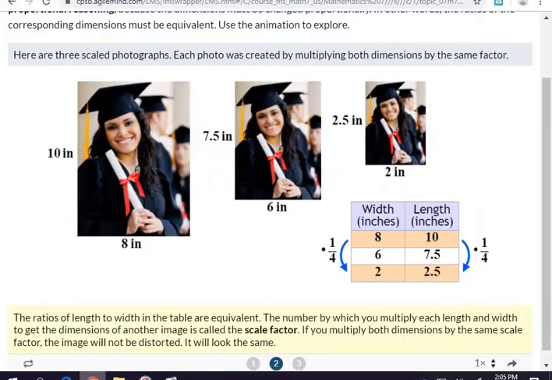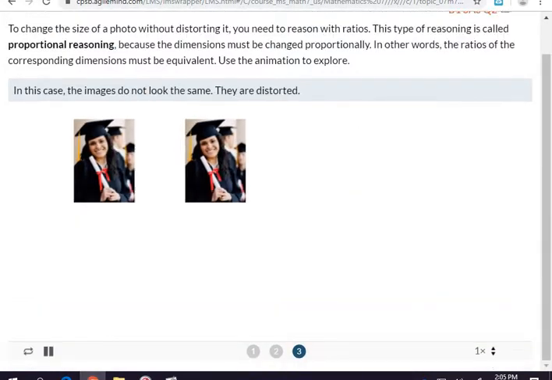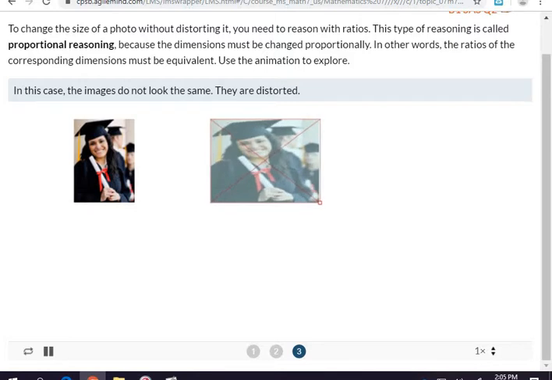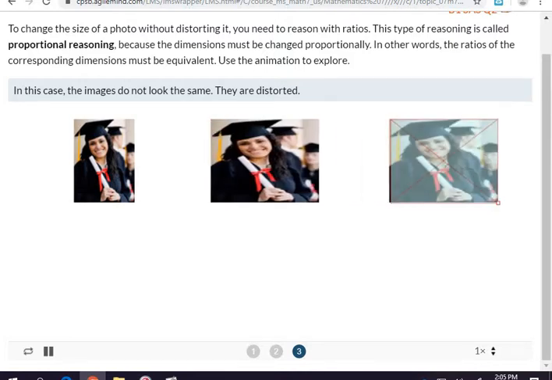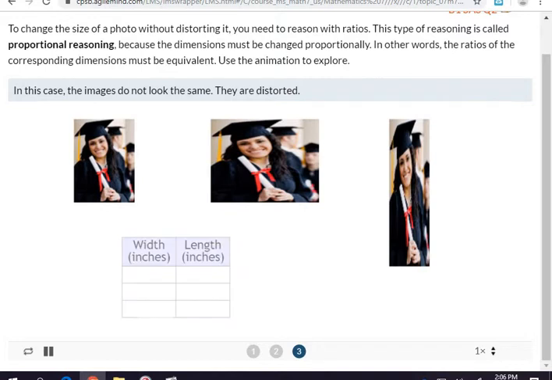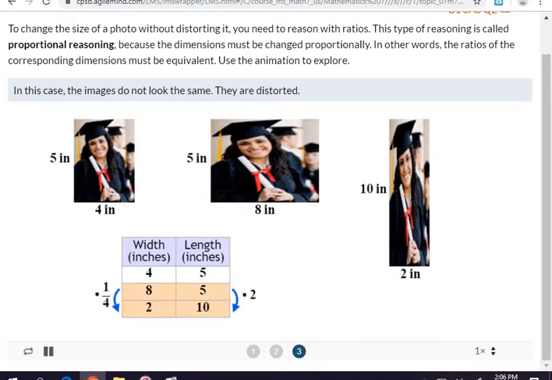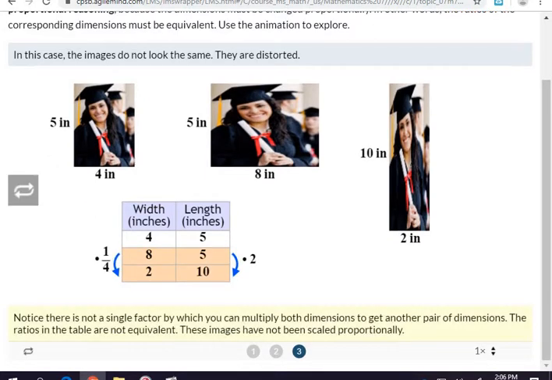All right, let's go back. What's happening here? She's stretching it. So did she use the same scale factor? No. That's not really a scale factor because she used two different numbers to multiply the width and the length.